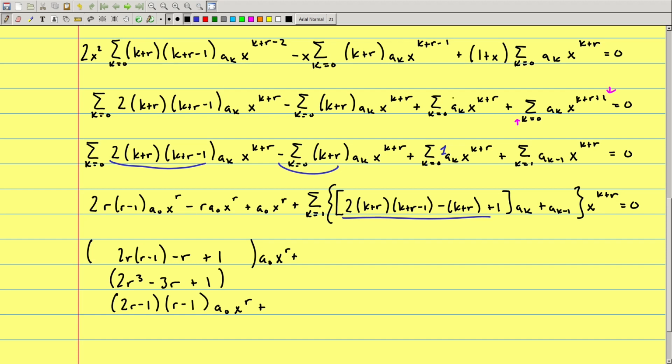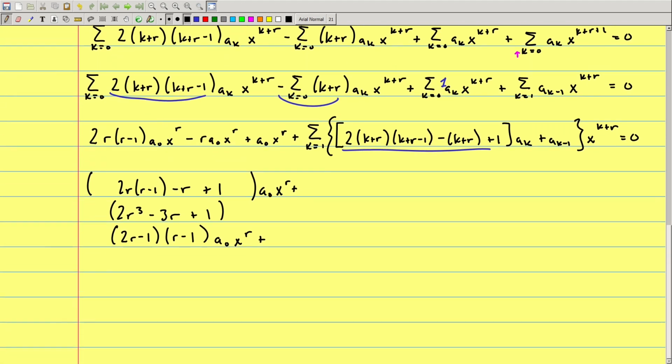So, this part here on the left is what is known as the indicial equation.